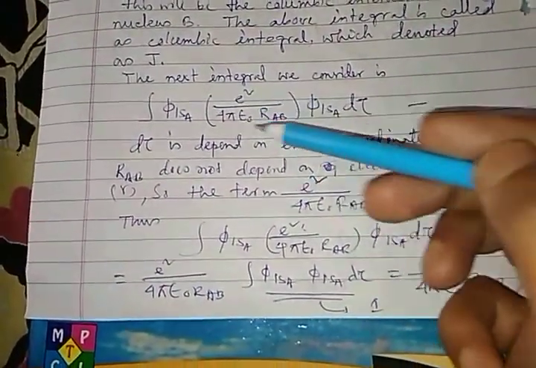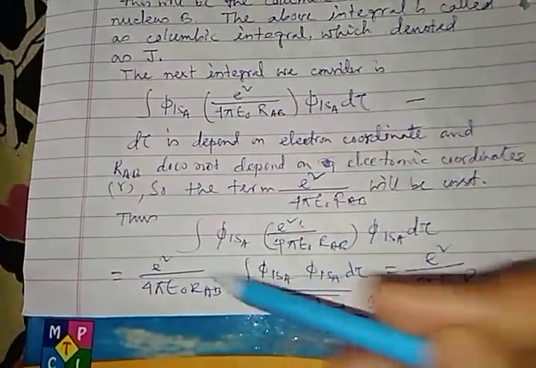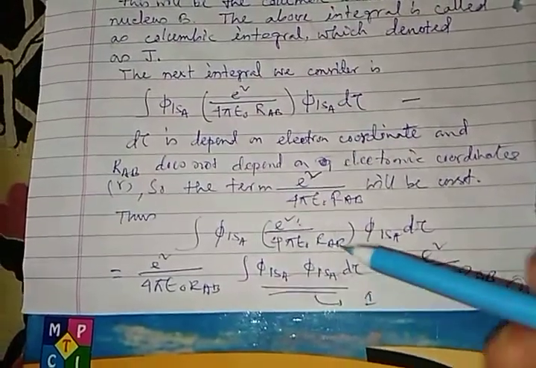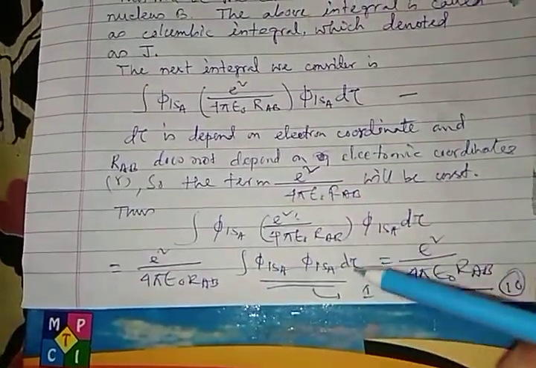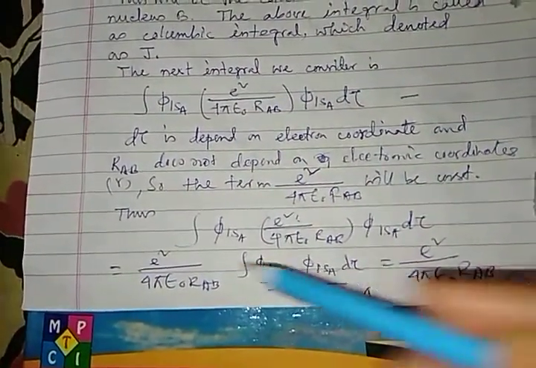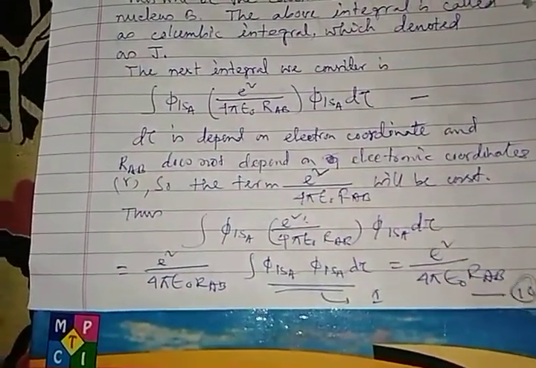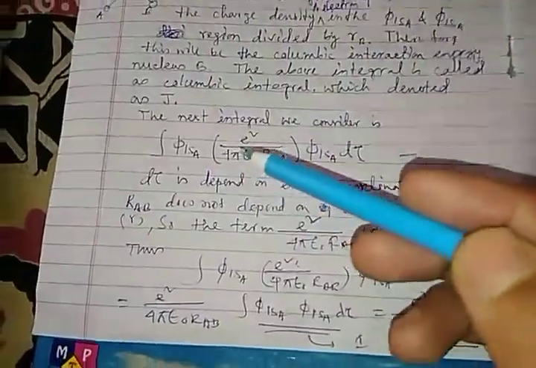It is a constant quantity. So I can write this constant outside the integral, and my integral becomes like a normalized integral, and the value of this integration will be 1. Now I will have the value e square by 4 pi epsilon 0 RAB. That is the value for the third integral.